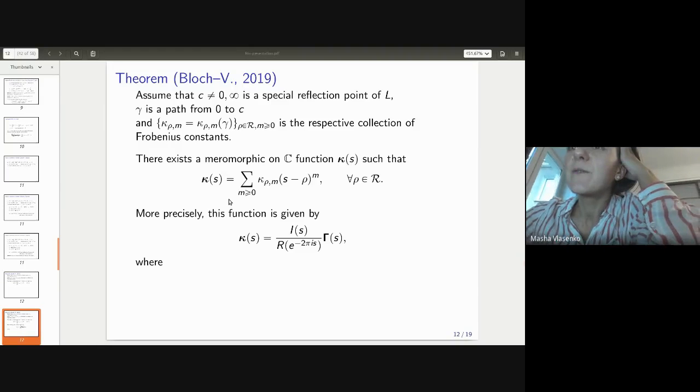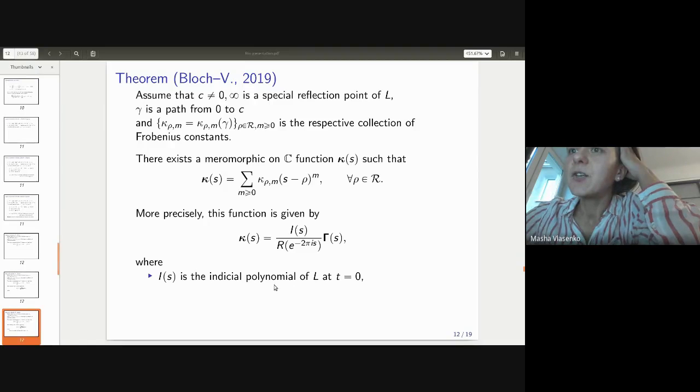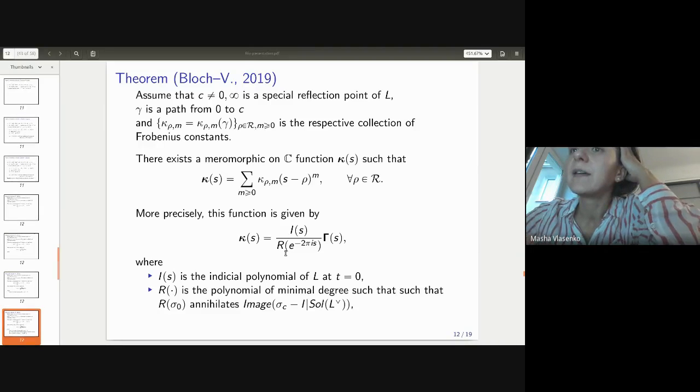But we have more to say. So this function can be given in the following form. So this I here is the indicial polynomial at 0. R is another polynomial of degree at most the order of L, at most the order of this indicial polynomial.